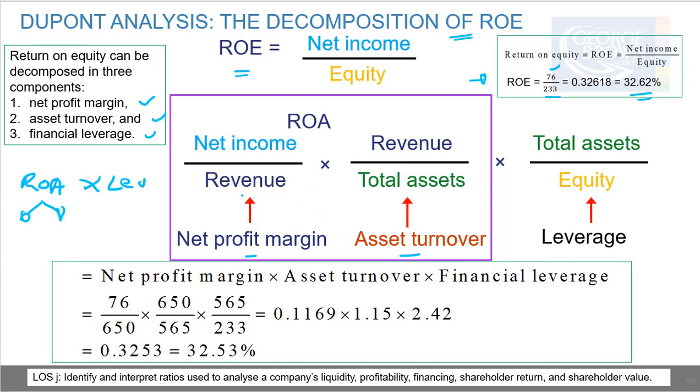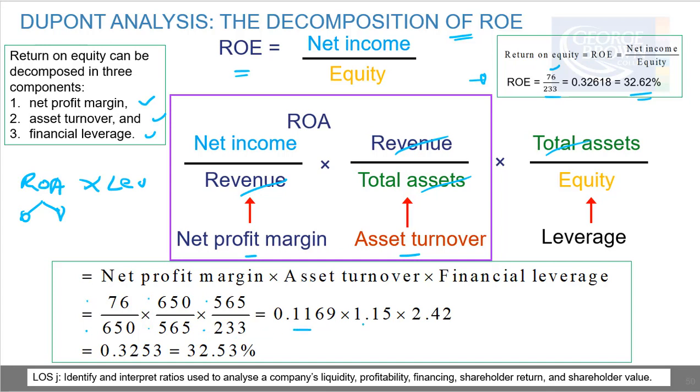So again, if we scratch out the revenue to revenue, assets to assets, you can see we're back to net income divided by equity with my color coding. So ROE, net profit margin, 76, net income, 76 million, divided by revenue, 650 million, times revenue over assets, revenue 650 million, total assets 565, times our leverage, which was total assets 565, divided by equity 232.